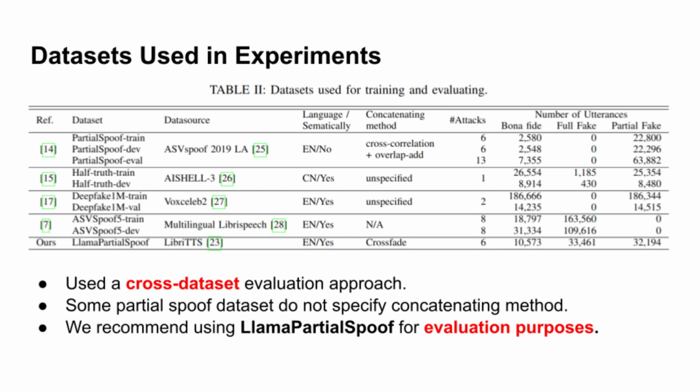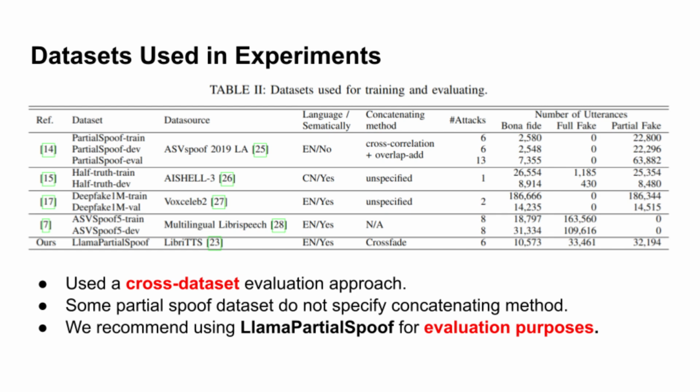We employed a cross-dataset evaluation approach to assess detection models using a comprehensive set of fake datasets. Our evaluation corpus consisted of one full utterance fake dataset, ASVspoof 5, and four partial spoof datasets: PartialSpoof, HalfTruth, Deepfake1M, and our newly introduced LlamaPartialSpoof dataset.